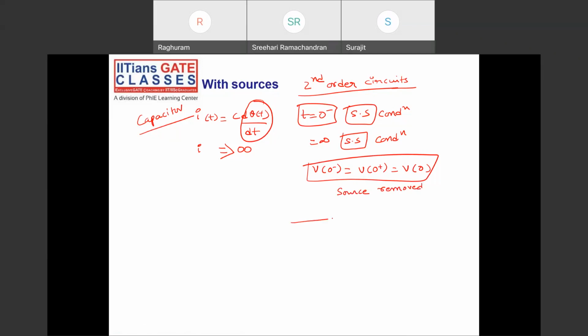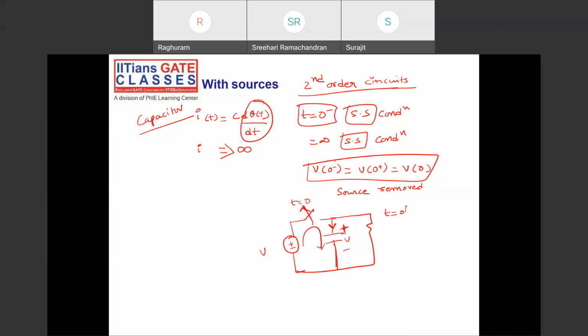So for example, this is my capacitive circuit, with plus and minus. At t equal to 0, the switch is opened. Initially the capacitor is getting charged this way, to the full voltage V. After the switching operation, at t equal to 0 plus, the voltage will be the same, right?